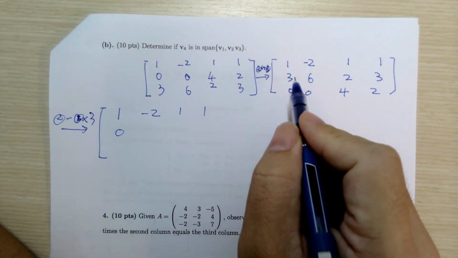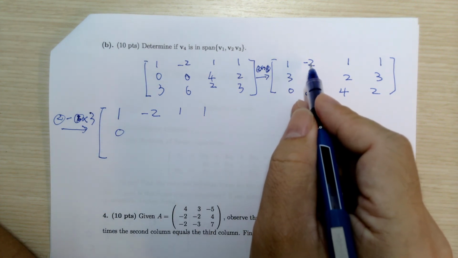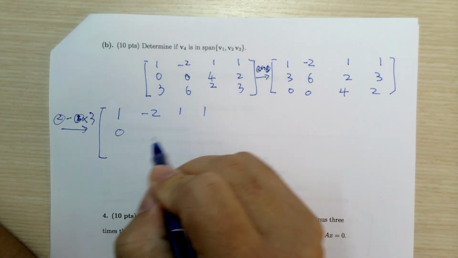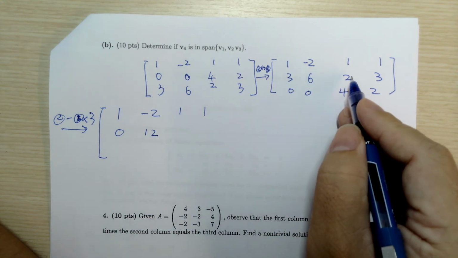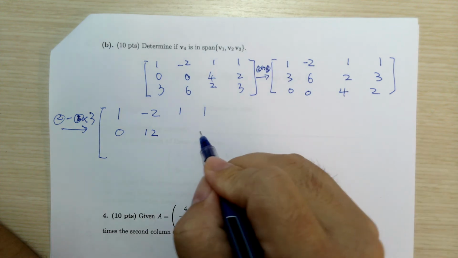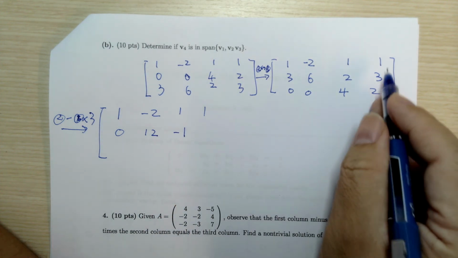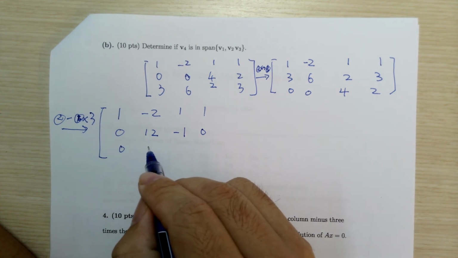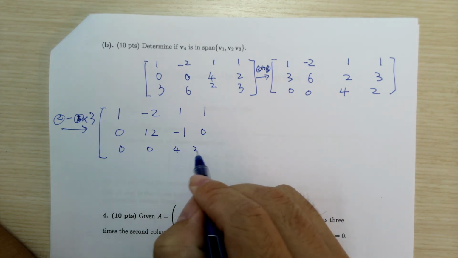So 0. So 6 minus -6 will give us 12, right? 2 minus 3 is -1. 3 minus 3 gives us 0. Okay, so we have 0, 0, 4, 2, right?